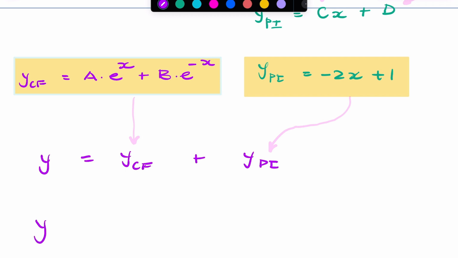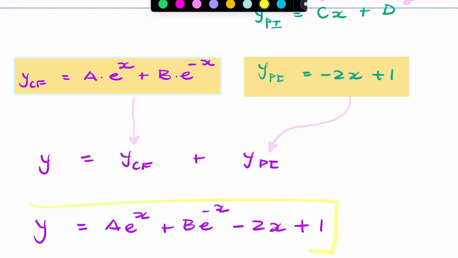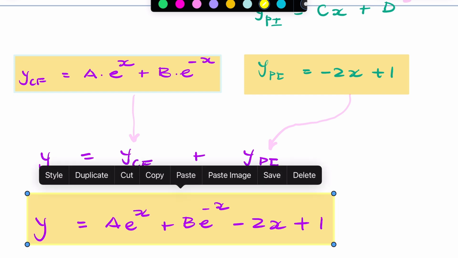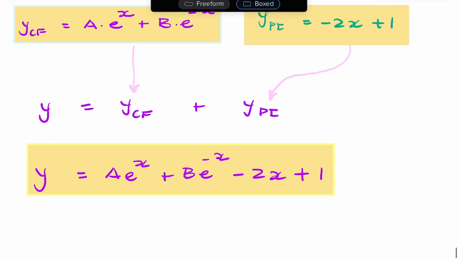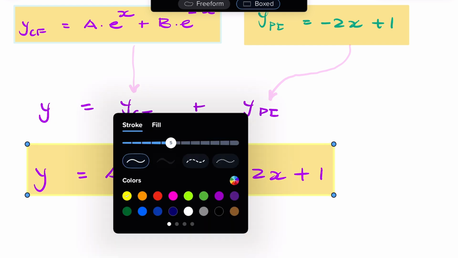So I can say y is A, an unknown constant, times e to the x, plus B times e to the minus x, minus 2x, plus 1. And that would now be your final solution to this non-homogeneous second-order linear differential equation.